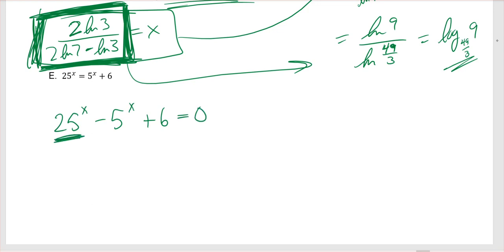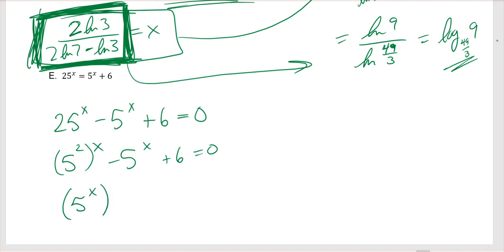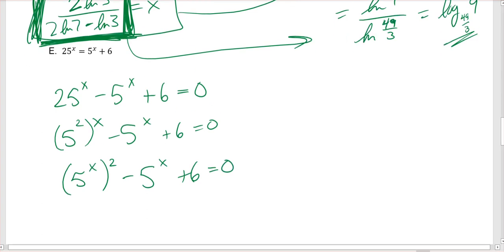Now I can rewrite that guy as 5 to the 2 to the x. And we can rearrange this, right? We know when we raise a power to a power, we multiply these, and we know that multiplication is commutative. So if I wanted to write that as 5 to the x squared minus 5 to the x plus 6, well, we can do that, right? So now hopefully this looks familiar.